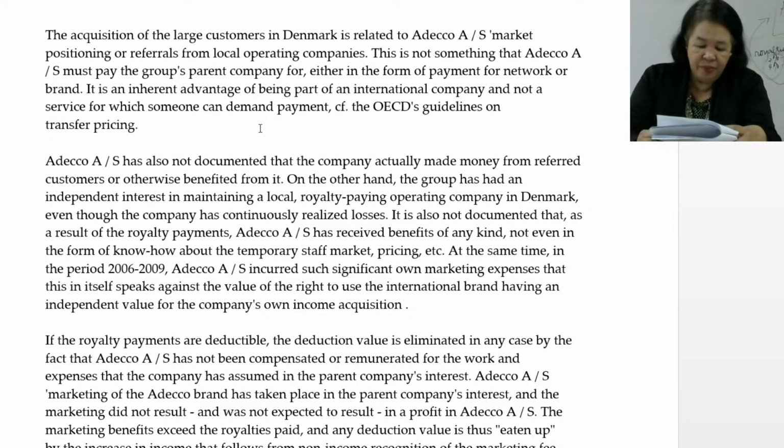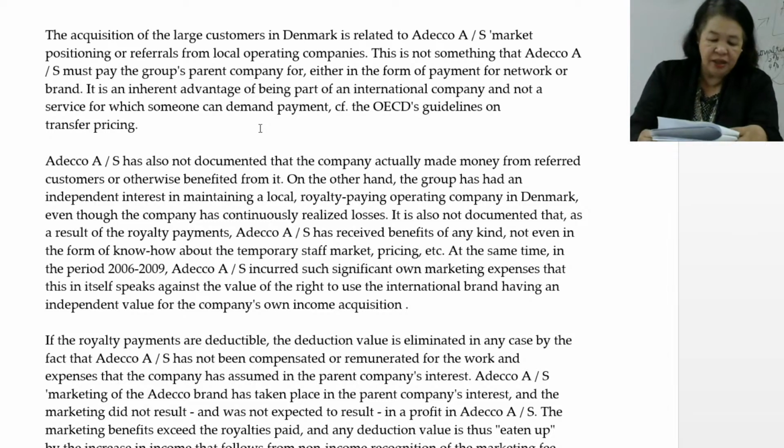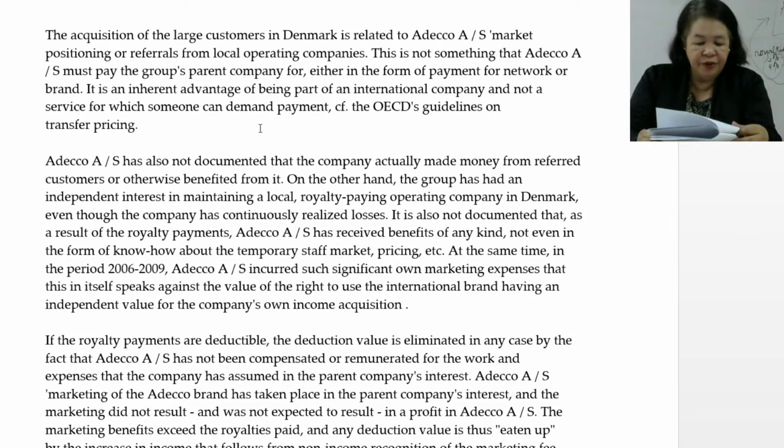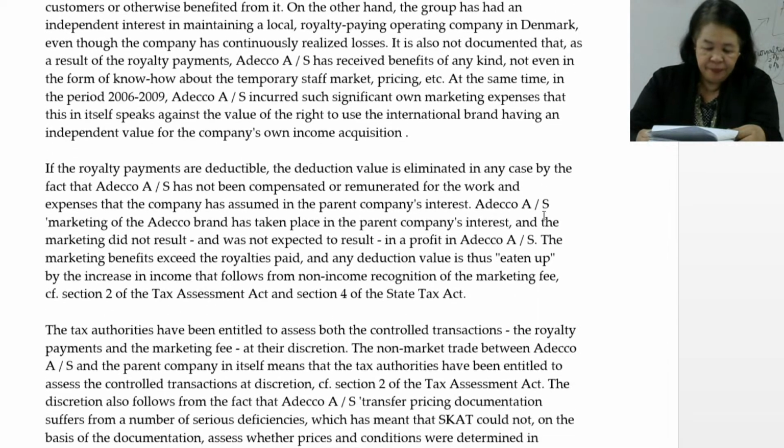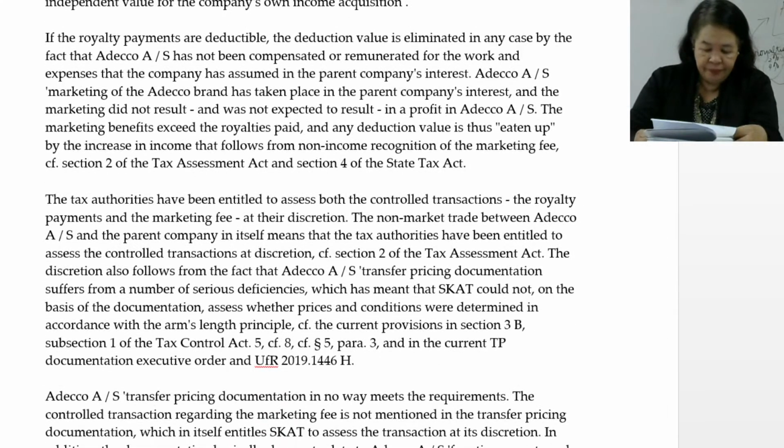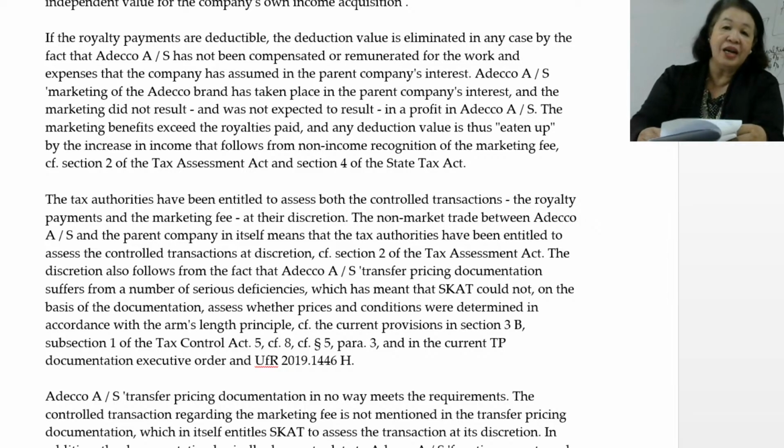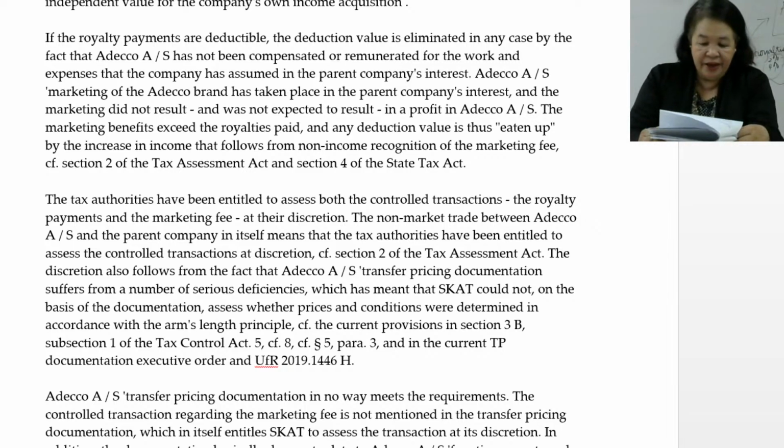At the same time, in the period 2006 to 2009, Adecco AS incurred such significant own marketing expenses that this in itself speaks against the value of the right to use the international brand having an independent value for the company's own income acquisition. Okay. If the royalty payments are deductible, ito yung argument ng tax authority.